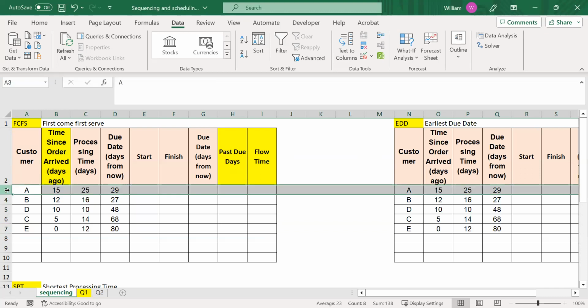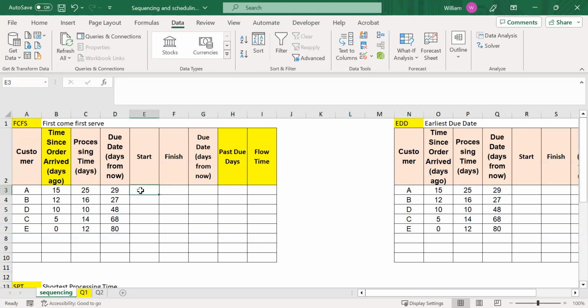So now with this, I can figure out when we start working on a specific job and when we finish that specific job, okay? And we're typically going to assume that the very first job starts today, what we call day 0, okay? So starting with customer A's order, if we start processing today, it'll start at time 0, okay?